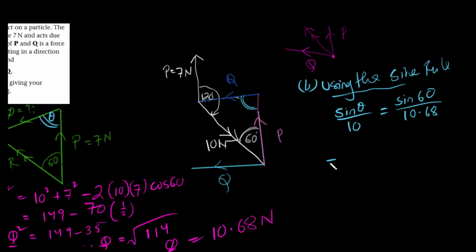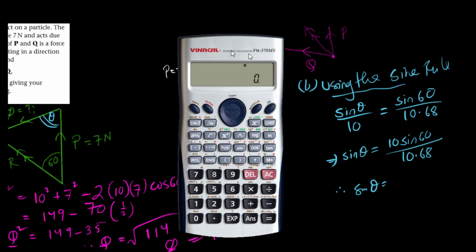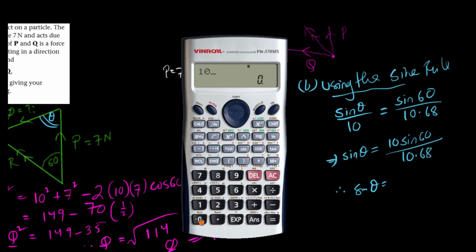By simplifying, sine theta equals 10 sine 60 divided by 10.68, which is 0.811. So theta equals sine inverse of 0.81089.